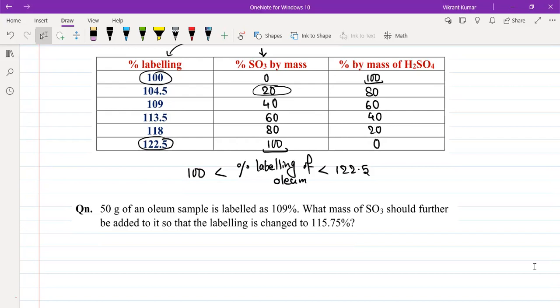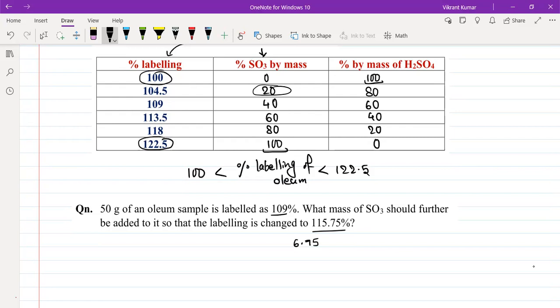The difference here is 6.75%. Okay, so you have got 30% का change है. I might have made some calculation error. Even I got 30%, and 30% of 50 grams, so 15 grams.